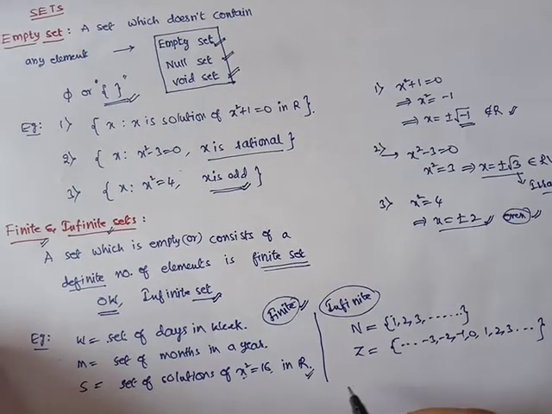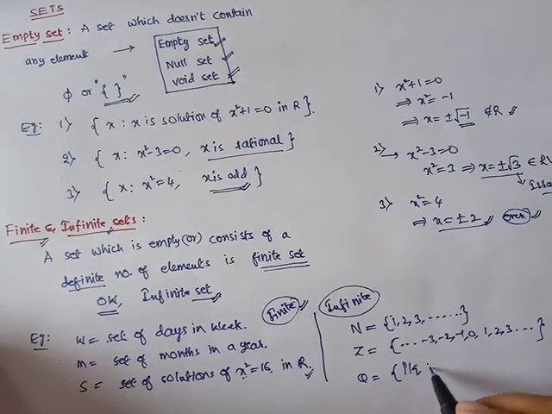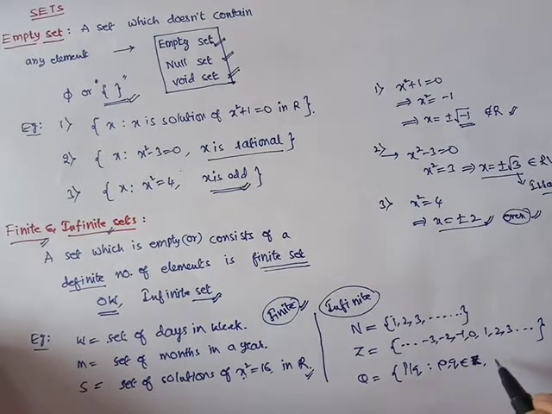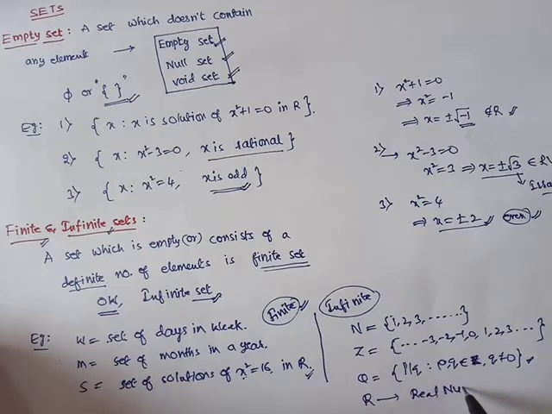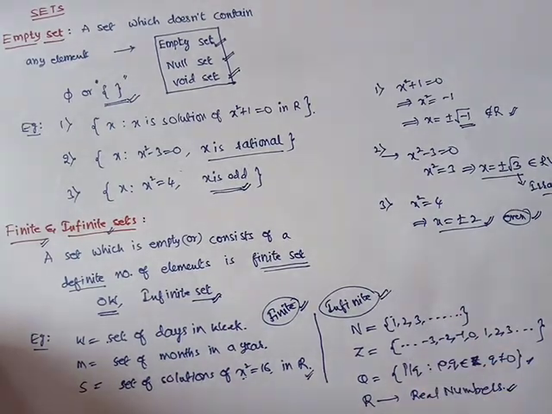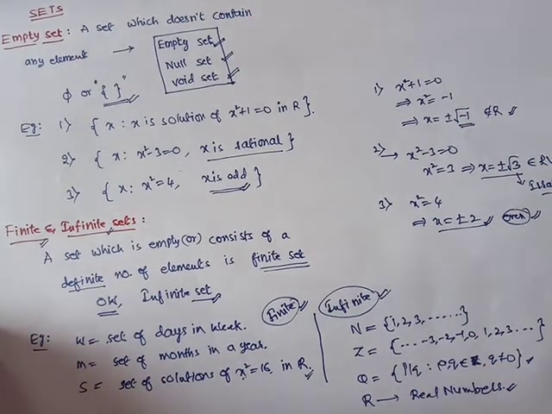Taking Q, it will be of the form p by q, such that p comma q both belong to integers and q not equal to 0. Then R is the set of real numbers. All these kinds of sets are infinite sets, containing an infinite number of elements.